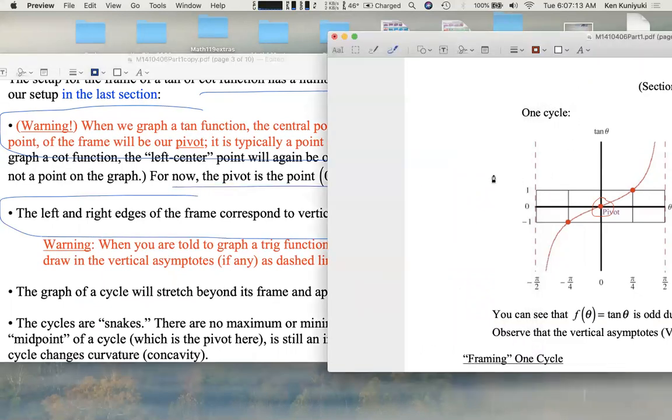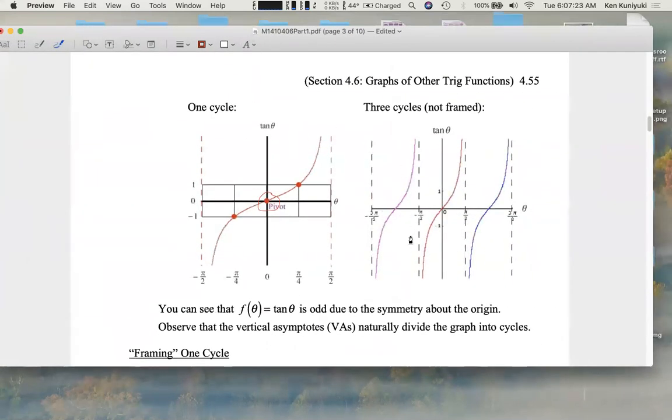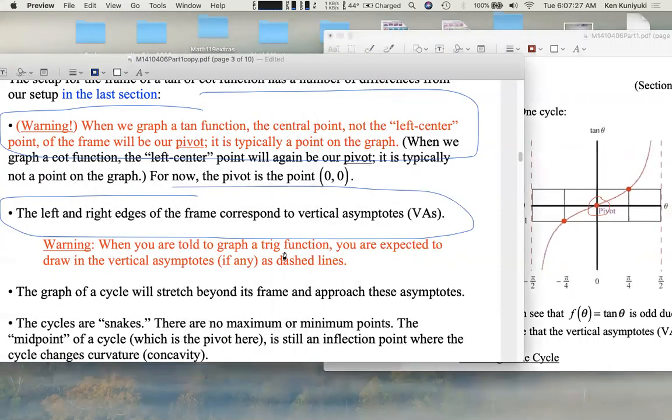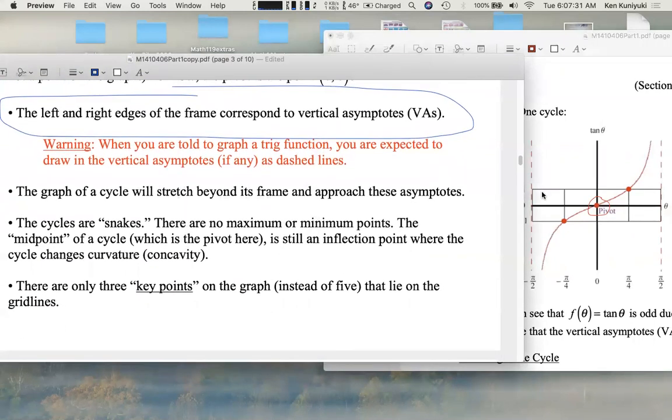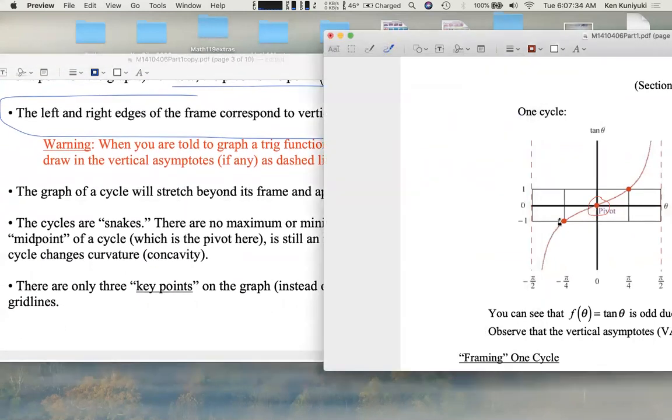Graphs for our classic sine and cosine functions from section 4.5 did not give us any asymptotes. Here, we do get vertical asymptotes. In fact, we get them periodically, every pi units for the overall graph. And again, if the pivot is at the center, the VAs for tangent will be at the edges.